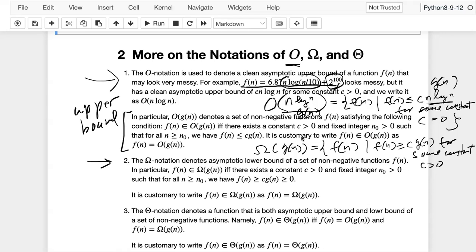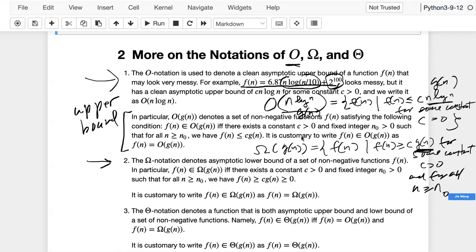This indicates that at some point g of n is very big, infinite or something, so we only make sure this is true for some constant c greater than 0, and for all n greater than or equal to some n0.